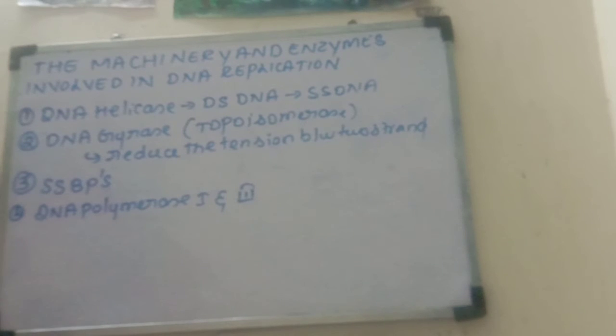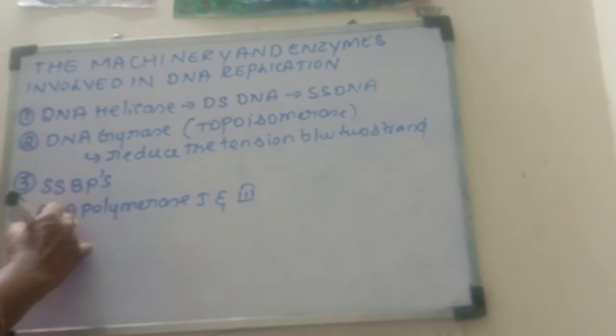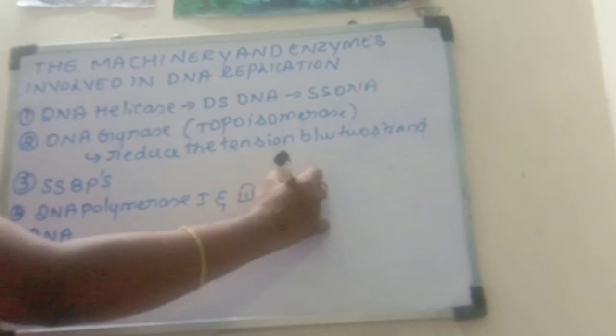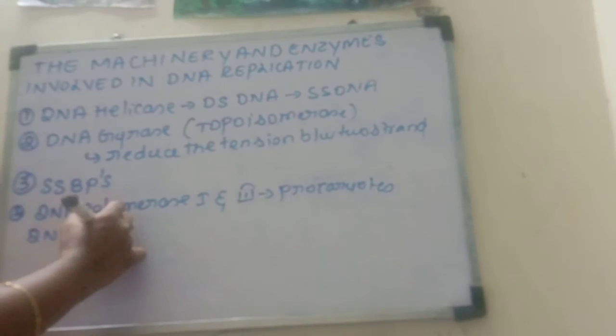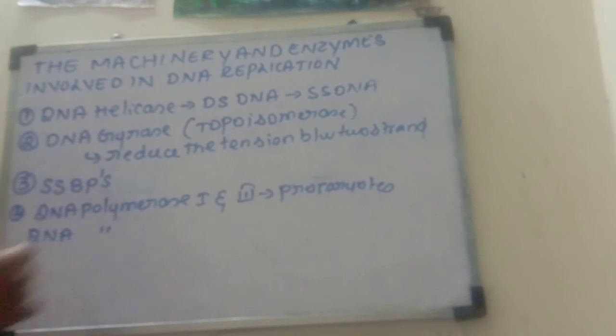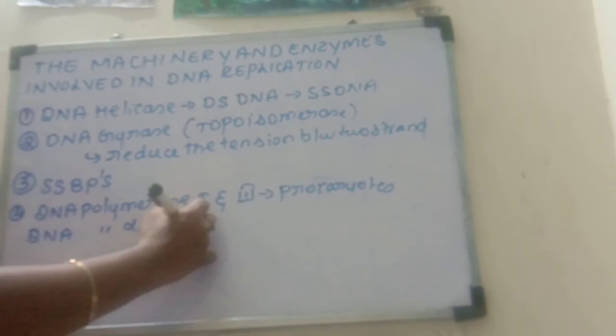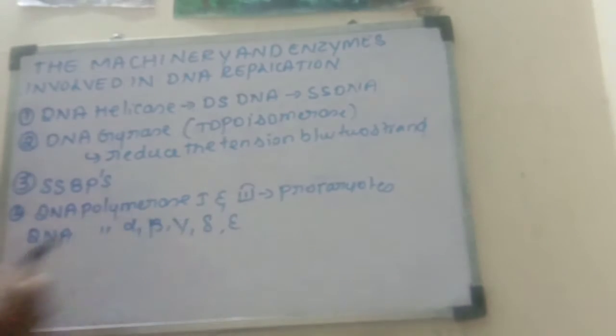In eukaryotes, there are DNA polymerase alpha, beta, gamma, delta and epsilon. These are the enzymes which help, and we are going to take them in the process.